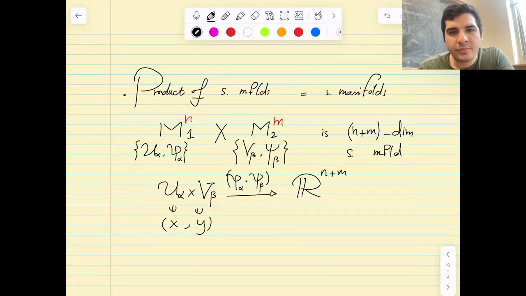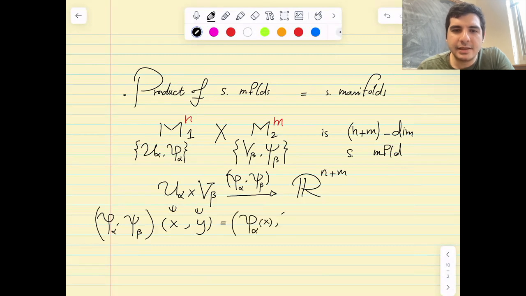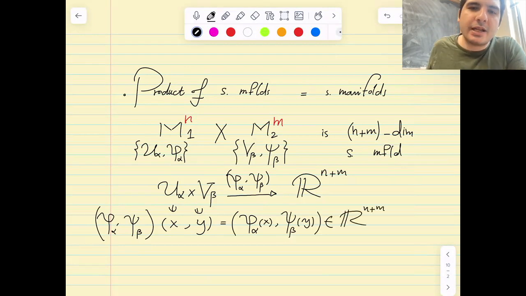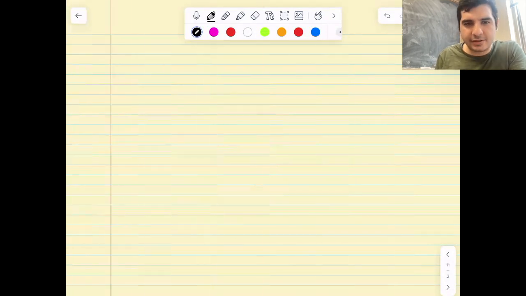How does this map work? Take any point (x, y) in the product. Phi alpha psi beta would send it to phi alpha of x, which is defined, and psi beta of y, which is also defined. One can check that whenever we have non-trivial intersections between open subsets covering M1 times M2, these maps give us smooth maps on Rn plus m.